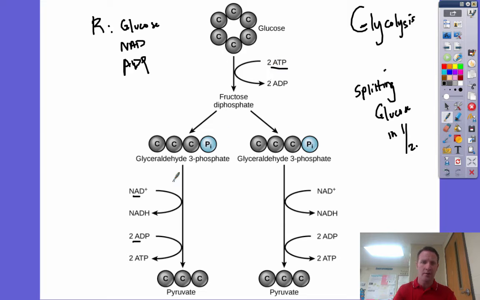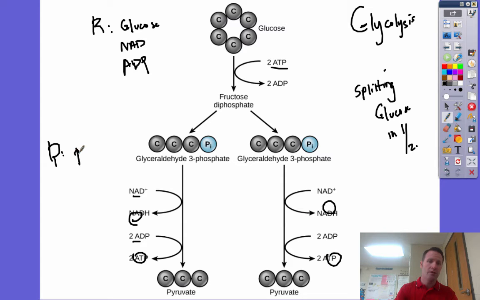Here's a reactant, here's a reactant, here's a main reactant. Your products, what you get out of it: you get this ADP, but it's then used again later. But our real products, we get NADH, and we get ATP, and we get pyruvate.